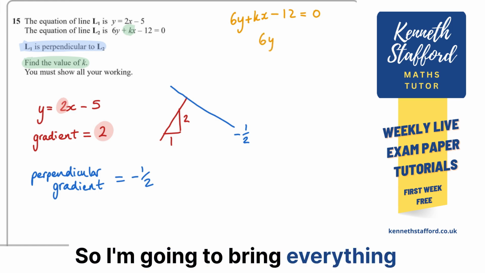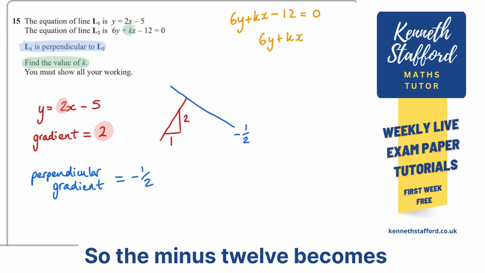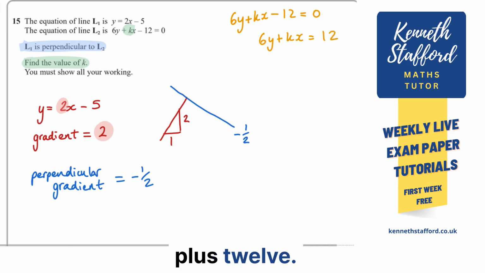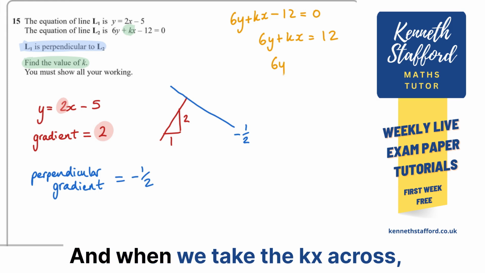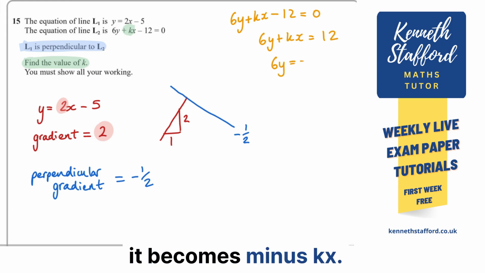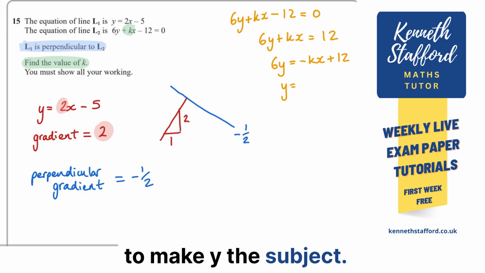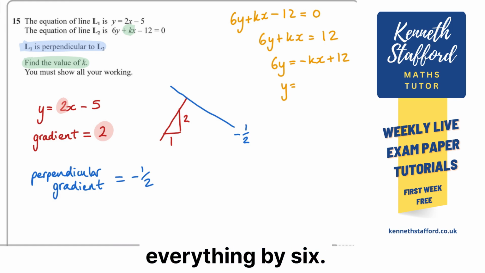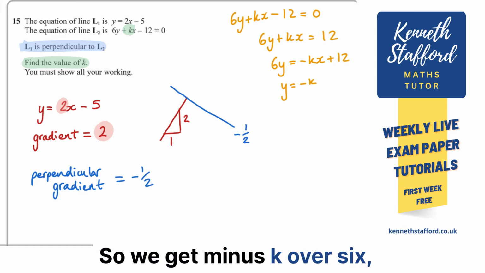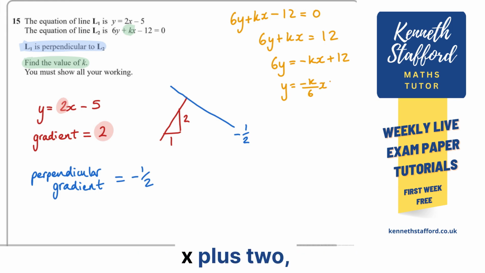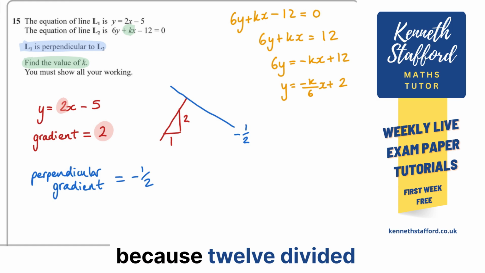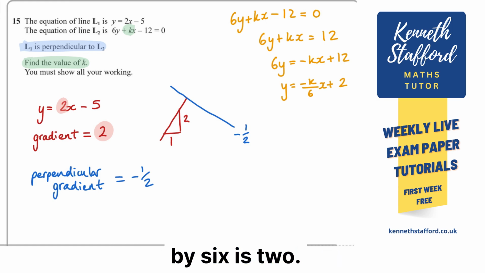So I'm going to bring everything to the other side. So the -12 becomes +12. And when we take the kx across, it becomes -kx. And the final step here is to make y the subject. So we've got to divide everything by 6. So we get -k/6x plus 2, because 12 divided by 6 is 2.